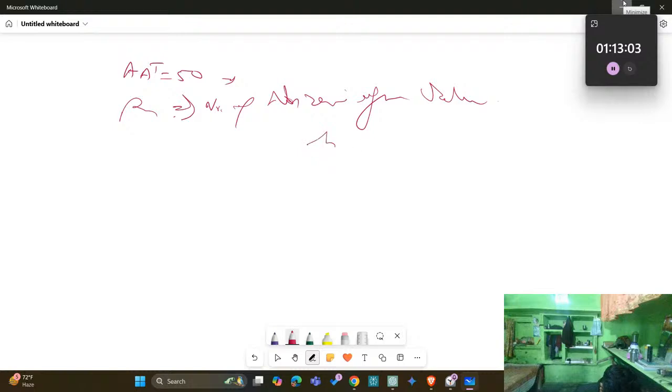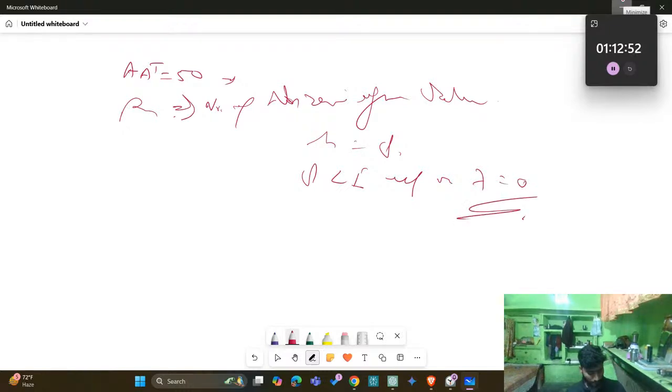So free variables is equal to 8. There are 8 linearly independent eigenvectors for lambda equal to 0. This is true.